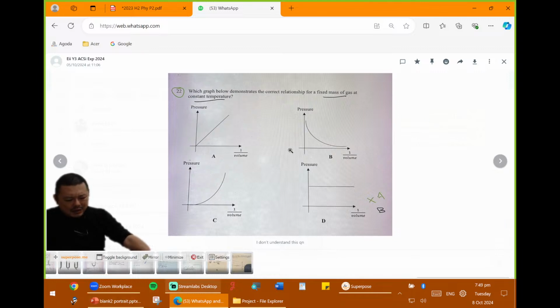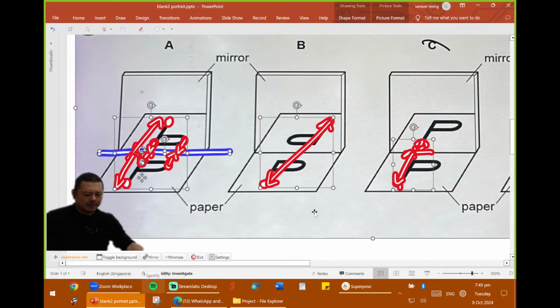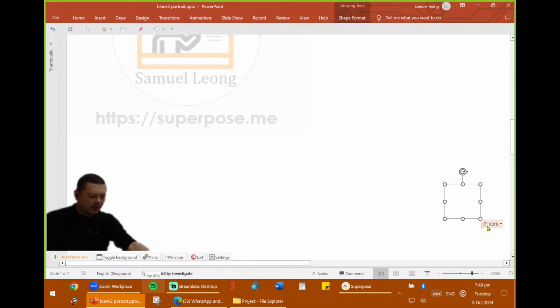Even though it's not in the syllabus anymore, I still feel some teachers will still test it. So I might teach it to help you understand how to do these questions, because sometimes teachers will still test it, either because they're not aware that it's completely not in syllabus anymore, or, you know, but quick one.